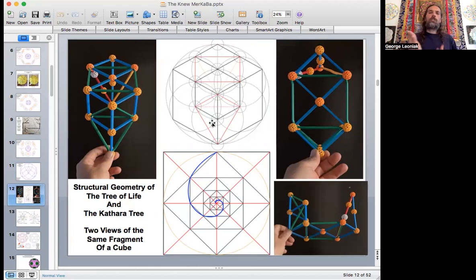I have videos where I can show you the tree of life as a structural geometry, and at least 2 or 3 other ways. This is the most recent one, because I really started to look at this as, here's the outer cube. Well, how do we get the rest of the vertices on here? And this basically was another portion of the cube, which I could construct out of Zoom tools.